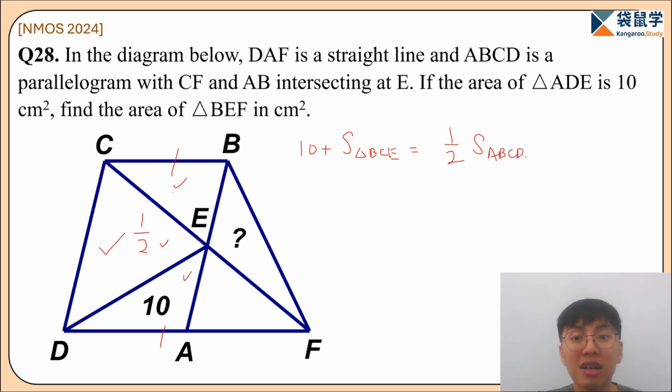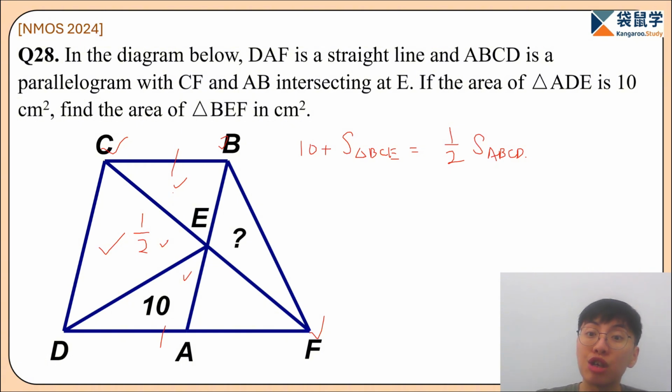Now, are there any other triangles that fulfill our half model? You will be able to see that triangle BCF, this triangle here, actually is the tooth that is growing out of the mouth that we mentioned before. And what is its area?